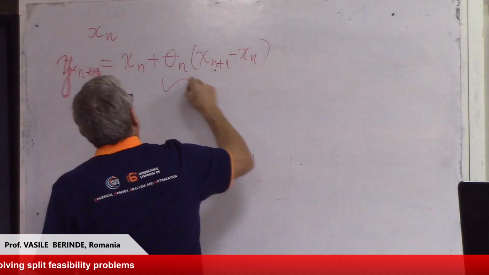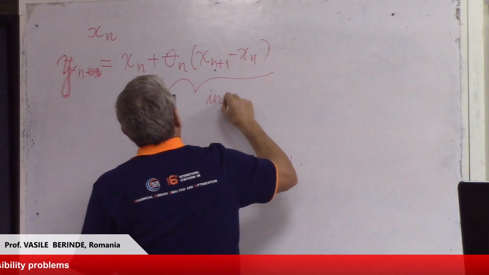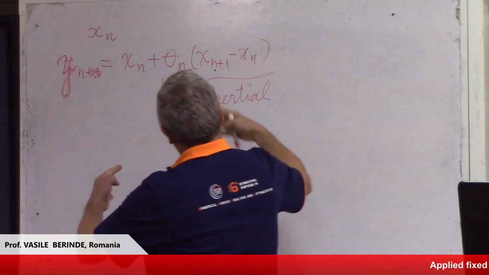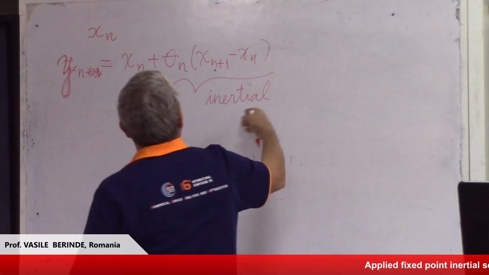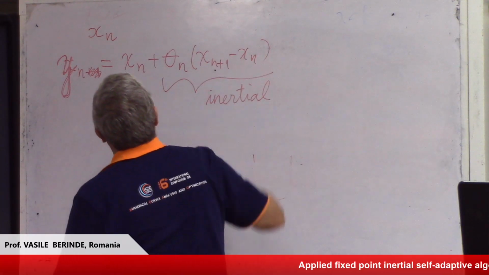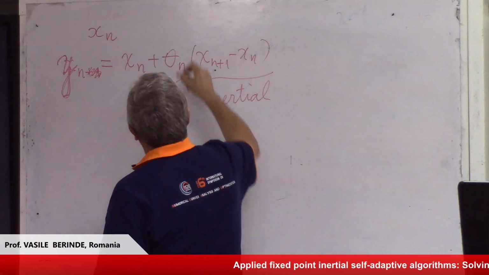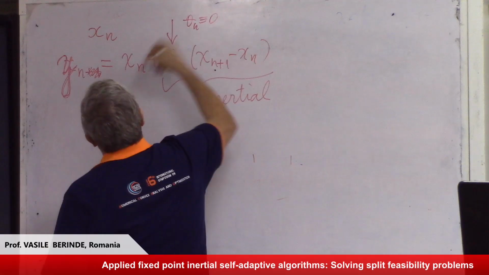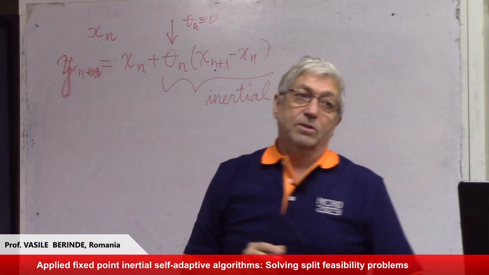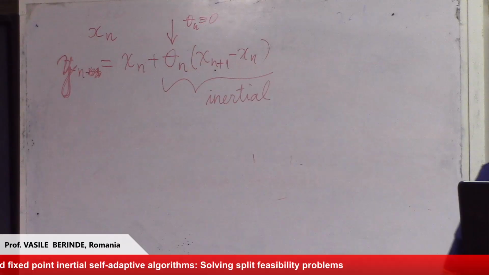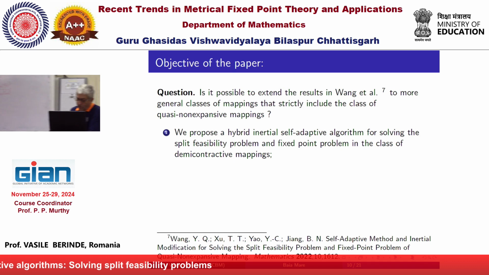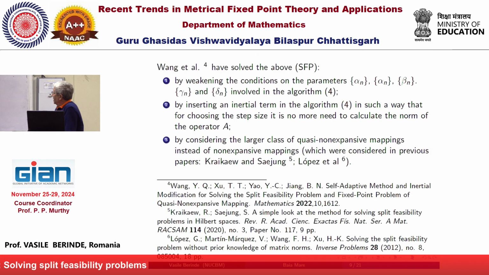So this is what is called inertial. This is from physics, to keep the inertial character of the two iterations. So when theta n is 0, then we get a normal iteration. So this means inertial algorithm.